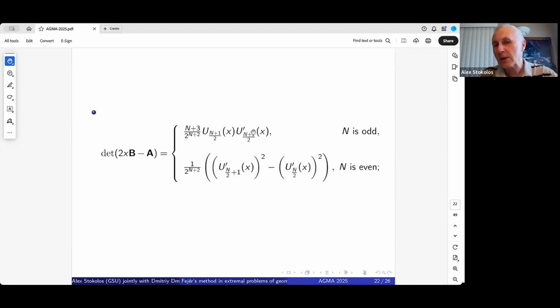So for many years, we tried to use only Chebyshev polynomials, and it didn't work. And then at some moment, it was really a Eureka moment, we decided to try the derivative of a Chebyshev polynomial, which we had never seen people employ in this subject. And it turns out that finally we found a way to employ that.